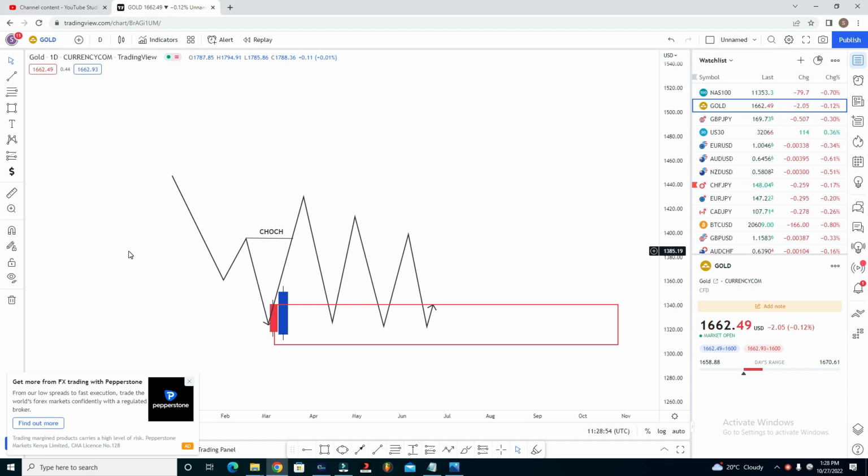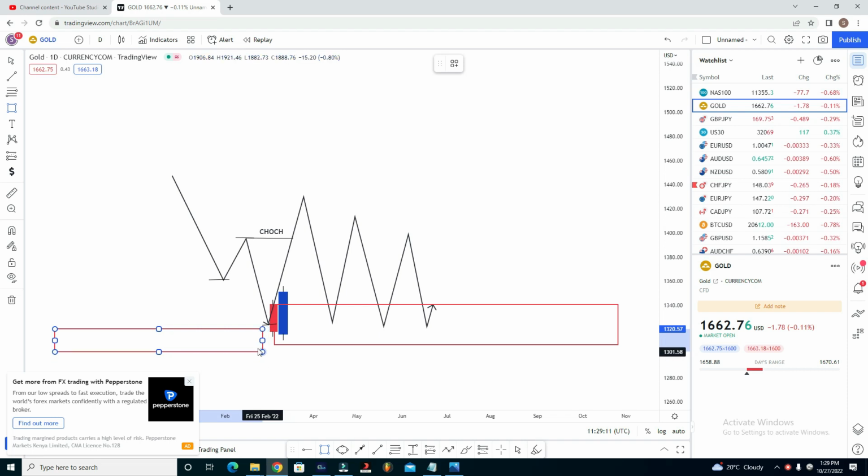All right, so in this example, we can see that the market was moving down, meaning this is a lower low, this becomes our lower high. If this is our lower high, this then becomes our lower low. So when price hits this region, usually if we look to the left, this would be a demand area.